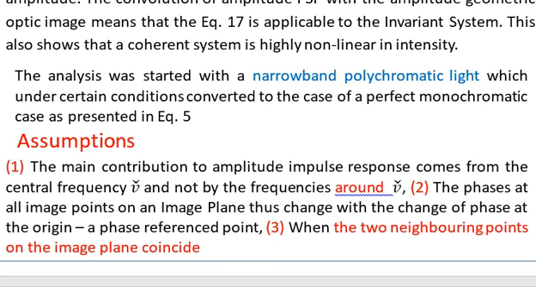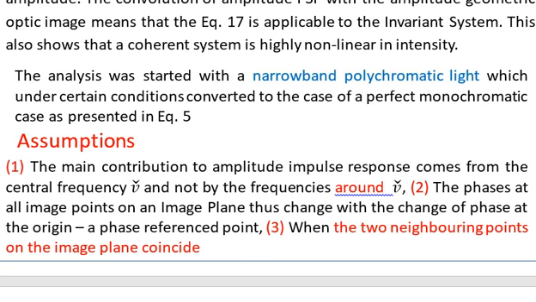In equation number 2, we have given the same statement for the image points, that is, the phases at all image points on an image plane change with the change of phase at the origin, a phase reference point. So we are also referencing all the points with respect to the phase value at the origin.